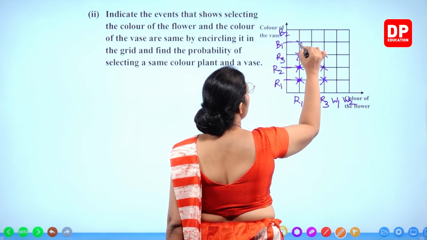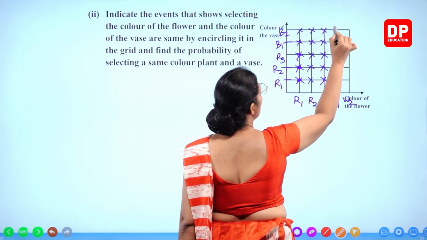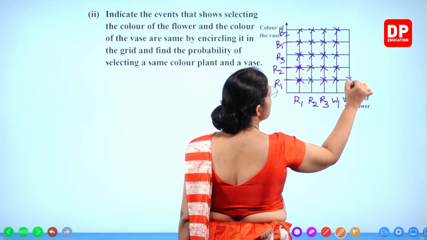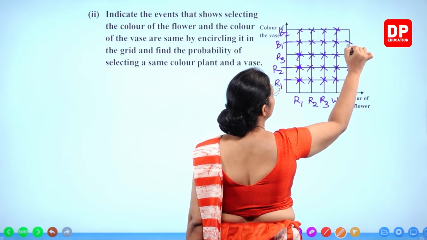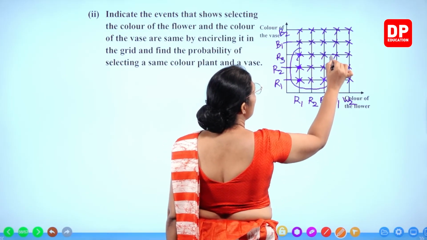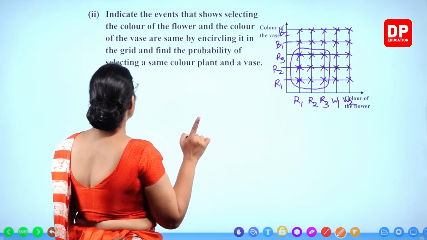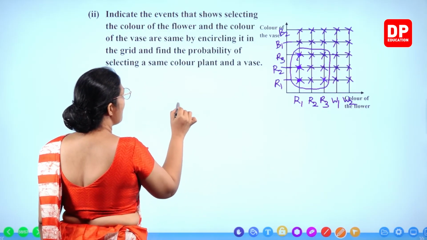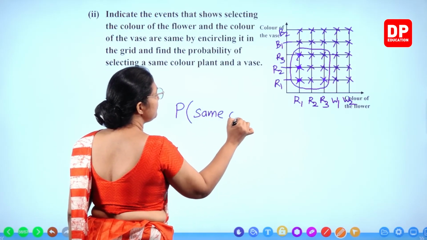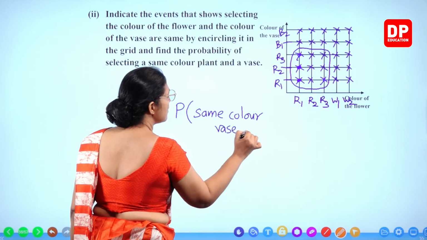So when they ask to encircle, you have to circle all the values at once. So I can circle like this. So that's the part. So what is the probability? Probability of getting same color vase and flower.